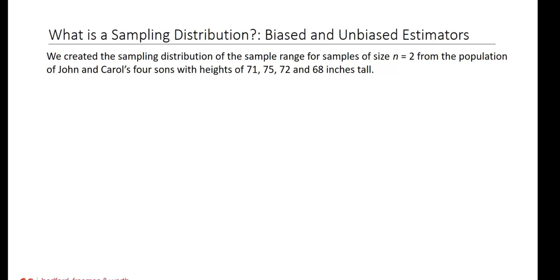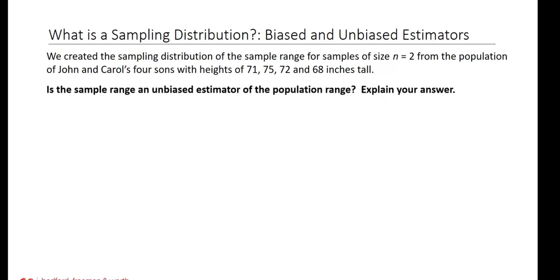So we did the sampling distribution. Is the sample range an unbiased estimator? Well, we didn't do the range, or we just kind of mentioned it, but we didn't really do it. So here's the dot plot of the range. You'd have to get your calculator out at this point.